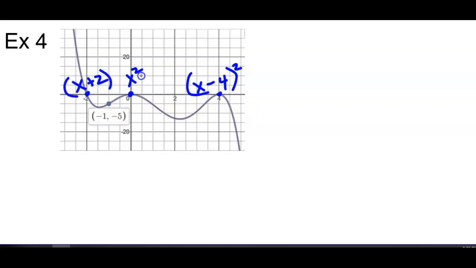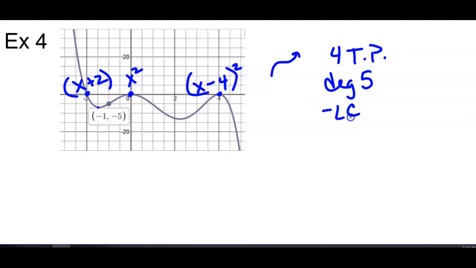That would be 1, 2, 3, 4, 5 degree, it looks like. There's 1, 2, 3, 4 turning points. So degree 5 seems reasonable. Normally a degree 5 would be that shape, so I'm thinking a negative leading coefficient.